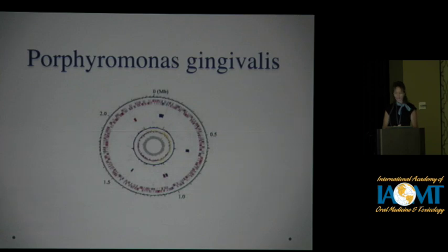Porphyromonas gingivalis is one of the superior pathogens that can cause microbial and immune dysbiosis. P. gingivalis pathogenicity is due to its ability to undermine and suppress the human host immune defenses. P. gingivalis is not a catalyst for inflammation.